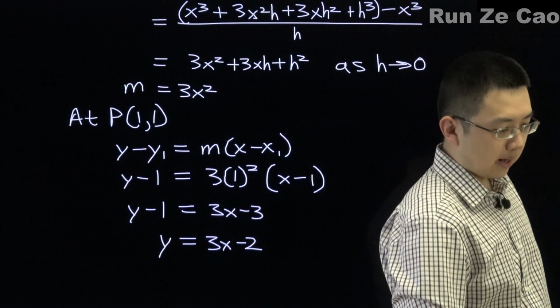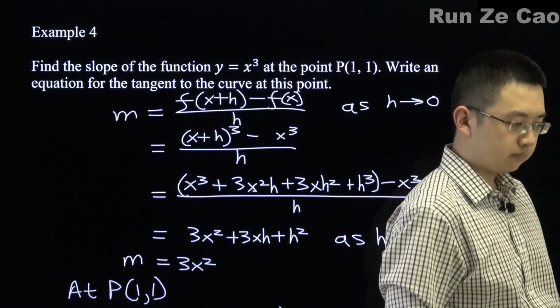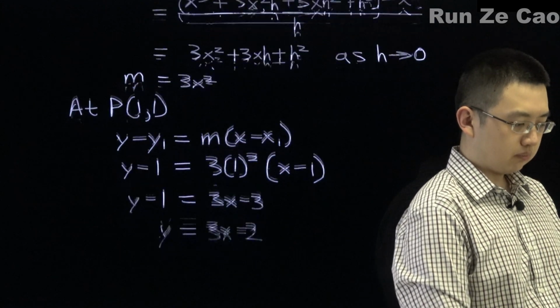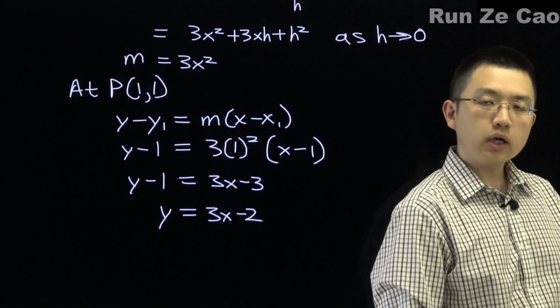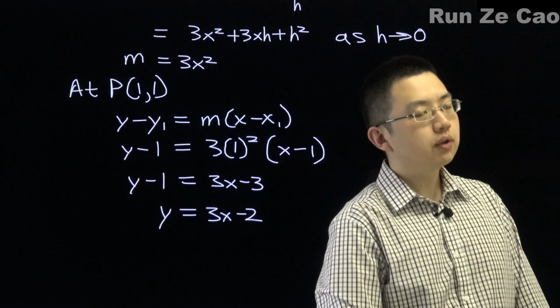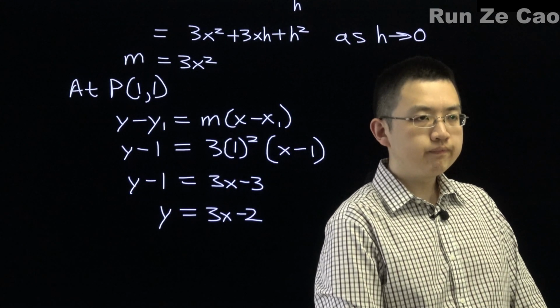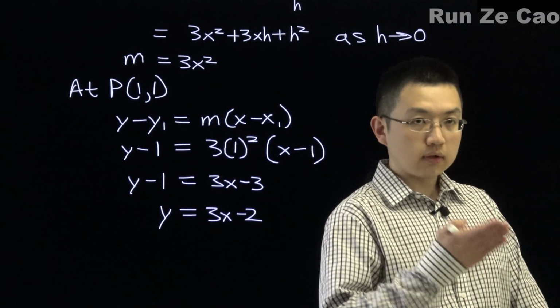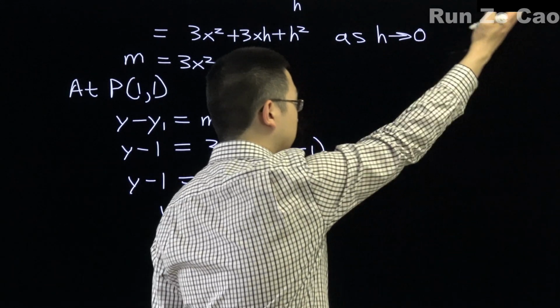Okay, now what do we do? Now we check whether or not this makes sense. We're trying to go through the point 1, 1. Okay, 3x minus 2, yep, sounds right, because it's upward sloping.